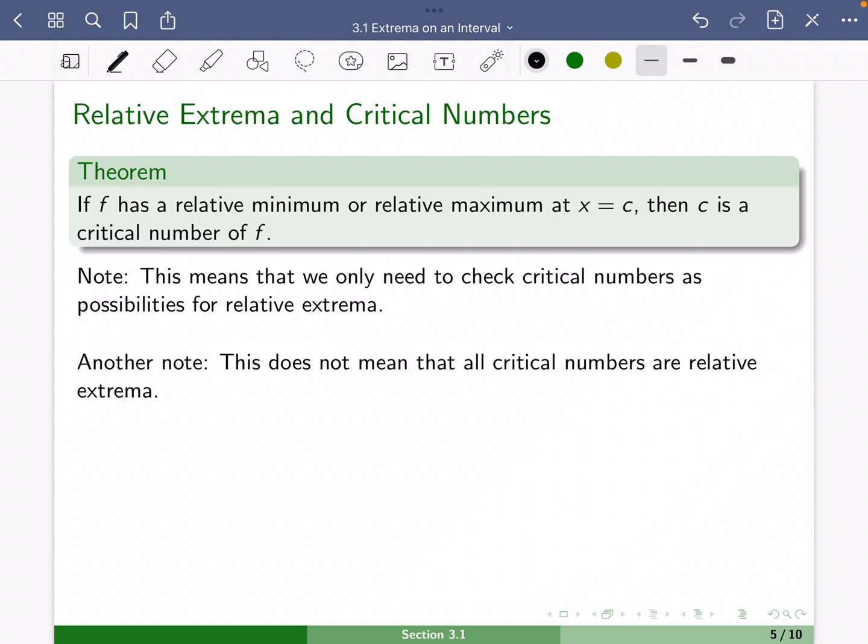In this video, we are going to continue talking about relative extrema and critical numbers. If we remember from our last video, critical numbers are places where our derivative is 0 or where that derivative does not exist.